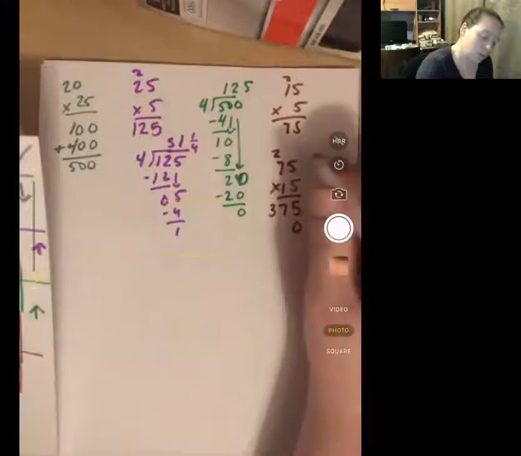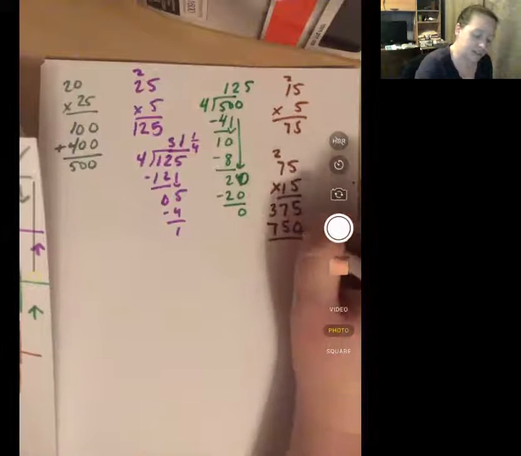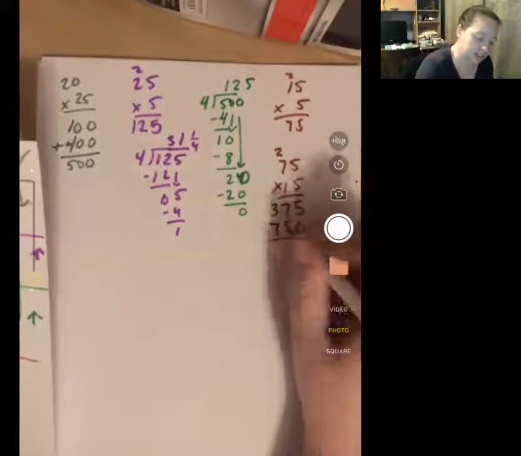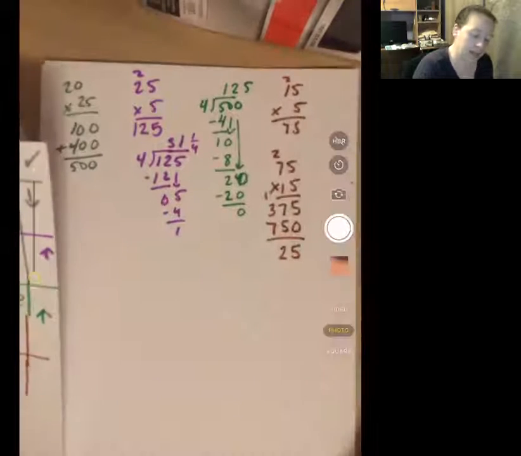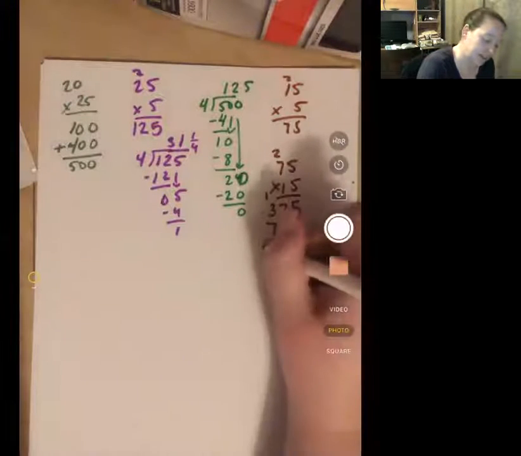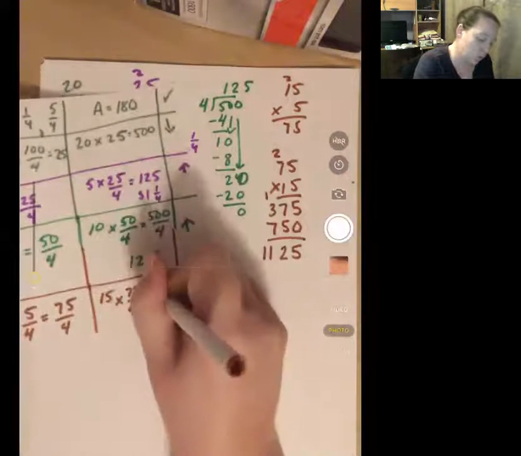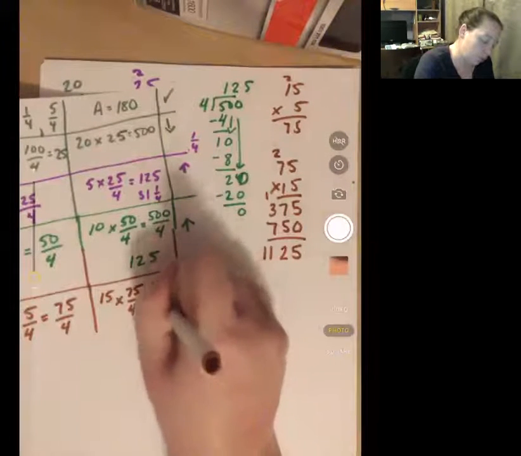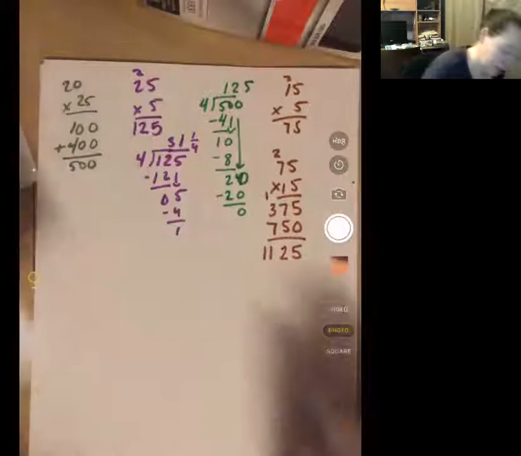Placeholder, 1 times 5 is 5, 1 times 7 is 7. 5 plus 0 is 5, 7 plus 5 is 12. And 3 plus 7 is 10, plus 1 is 11. So that gives us 1,125 over 4. Now we still need to divide by 4.